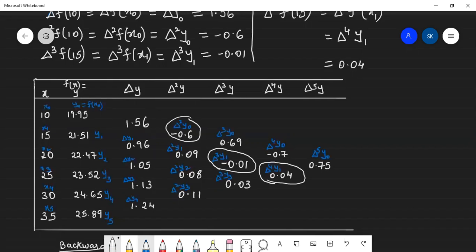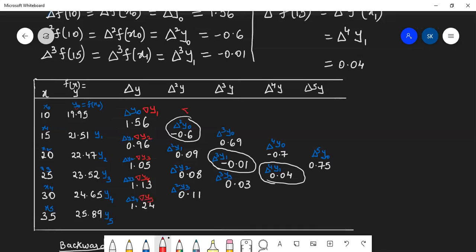It was forward delta y0, right? So what will be the notation for backward? I said the first position is denoted as backward delta y1, same value. This will be backward delta y2. This will be backward delta y3. This will be backward delta y4. This will be backward delta y5.